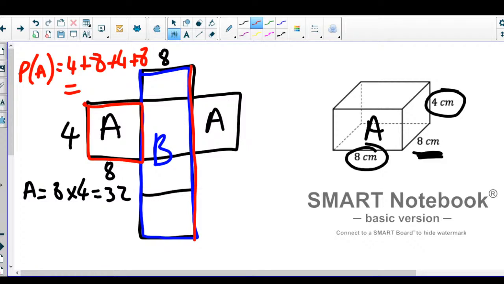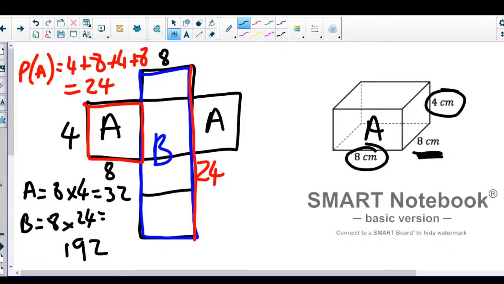So that gives me a perimeter of 24 centimetres. So this length here is 24. So if I want to then work out the area of B, well, I know that its base is 8, its height is 24, and so what I've got is 8 times 4 is 32, 8 times 20 is 160, so I've got 192 centimetre squares.